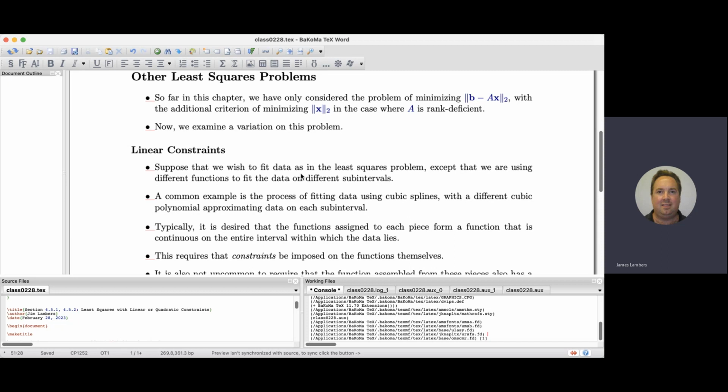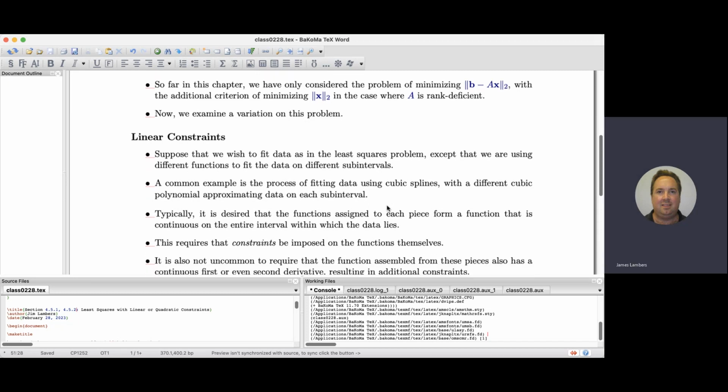For example, if your data is some function of x, maybe the function has very different behavior on different parts of the domain. So it's not uncommon to use different functions on different subintervals. One extremely common application of this is cubic splines, piecewise polynomials. You use different polynomials in different subintervals, and you chain them together in a way that's smooth. So cubic splines is what I'm referring to there.